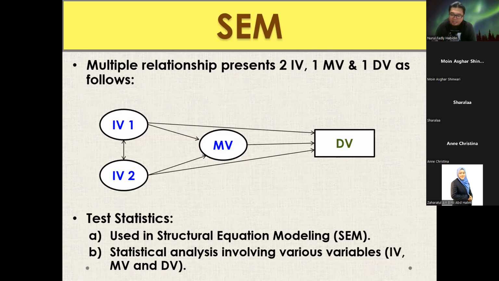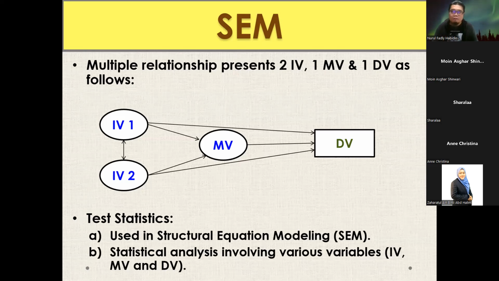IV also directs to DV, okay, but in order to get a better result, we need to follow the suggestion from previous study to test another variable, the third variable, which we call a mediating variable or moderating variable, to make sure that IV can affect DV better.